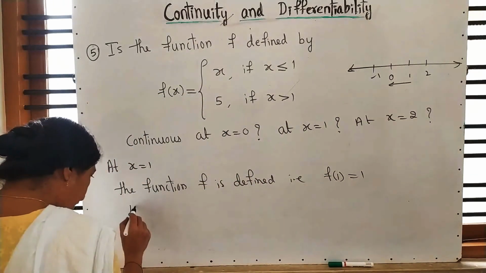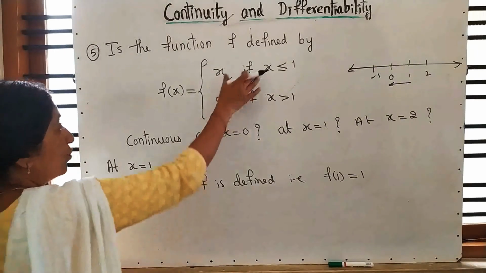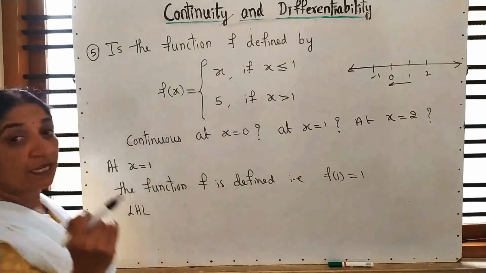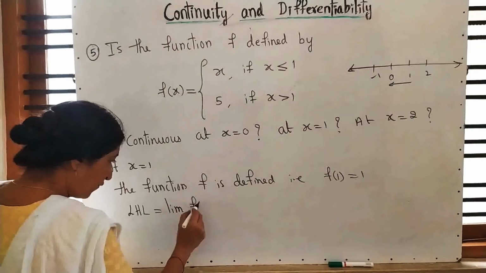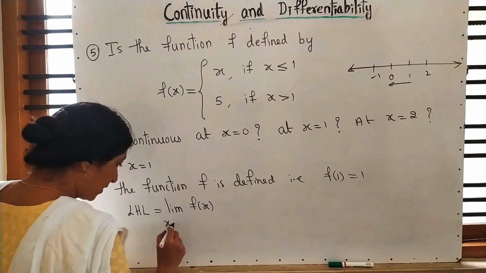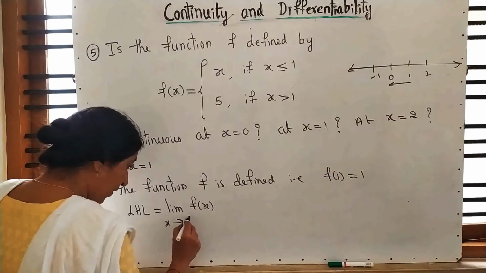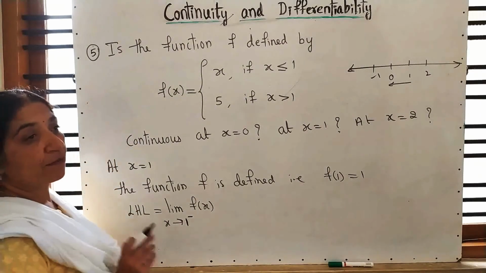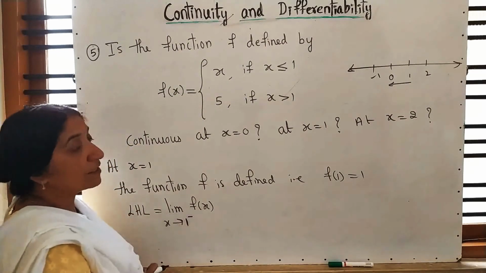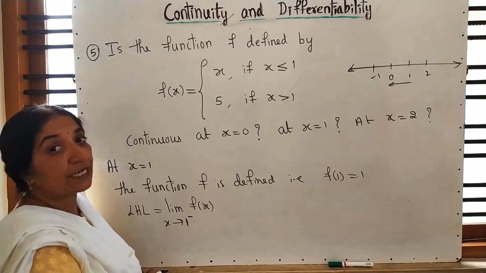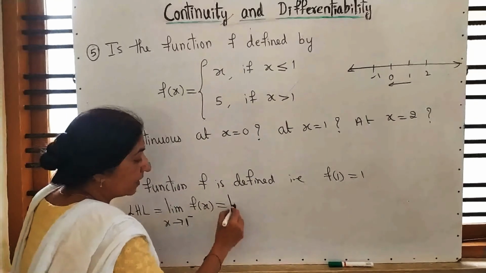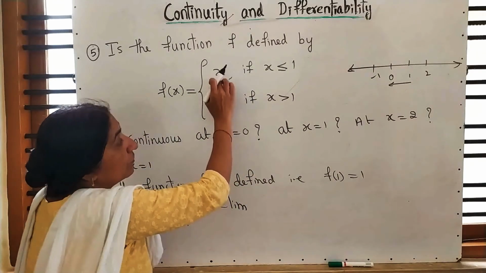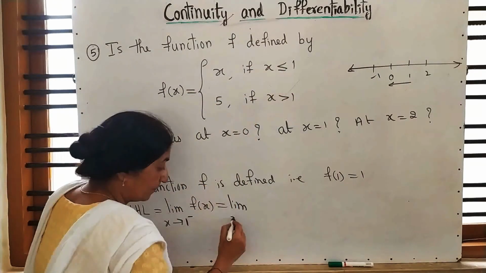And see left hand limit. Out of these two, where x is less than, it is limit f of x as x tends to 1 minus. On the top we are writing minus, because that minus tells you that you are writing a left hand limit. Out of these two, which one are you selecting? We are selecting this because here the condition is less than.